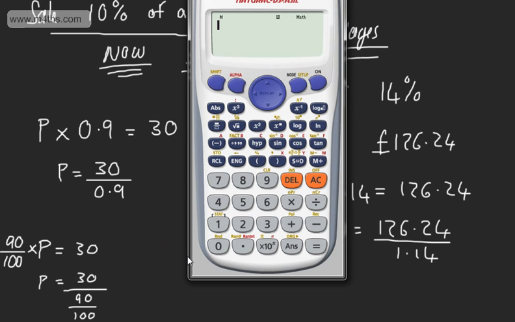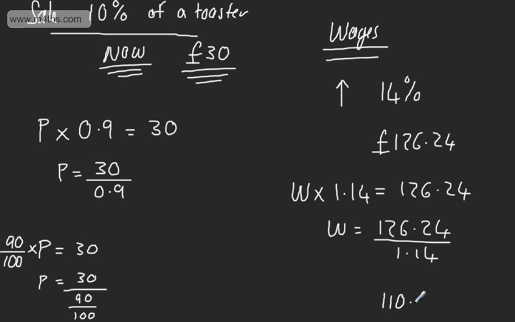So if we go ahead and do that, 126.24 divided now by 1.14, that's going to give us a total of £110.74 roughly. Again, I've just chosen these figures. That is what I earned before.